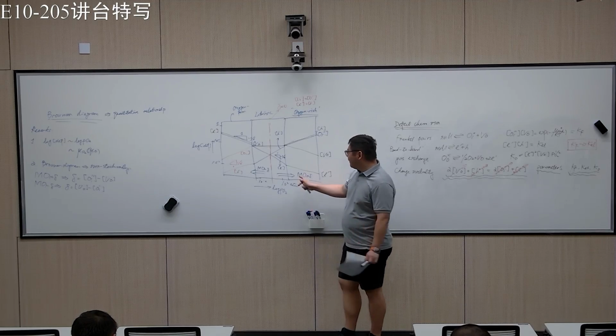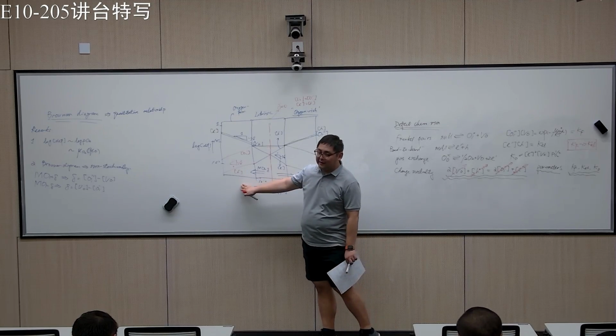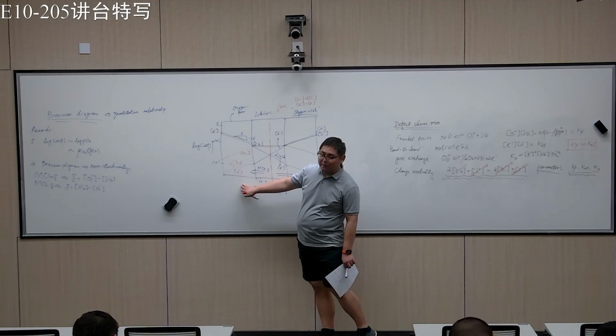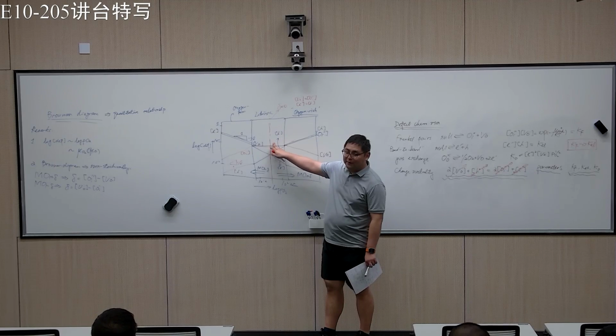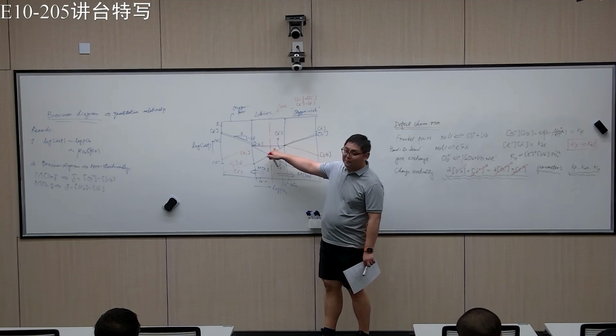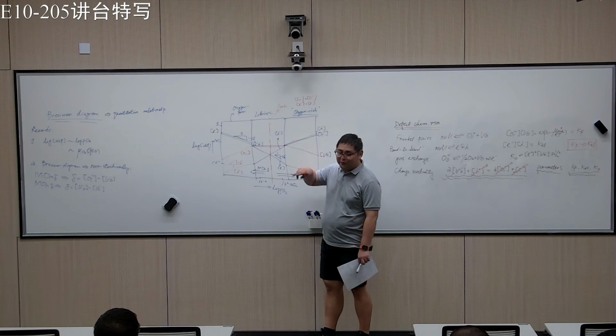So when I say 1 plus delta is 1 minus delta, it's not exactly the stoichiometry, because although these two are pretty much the same here in this Brouwer diagram, you should know that.